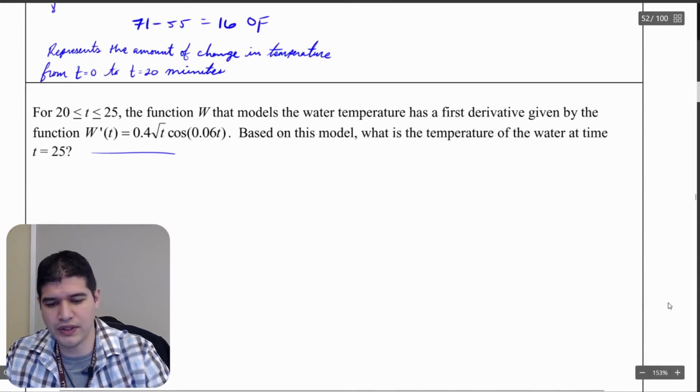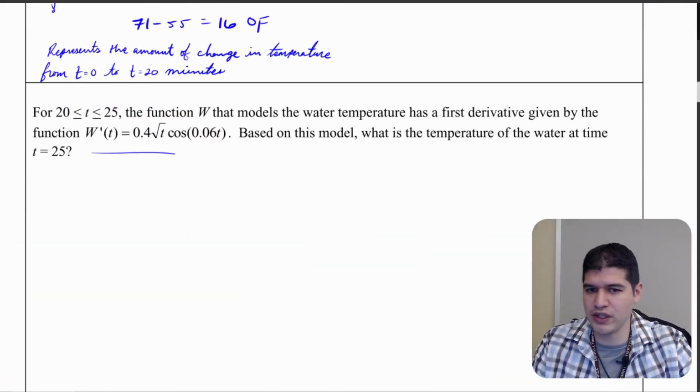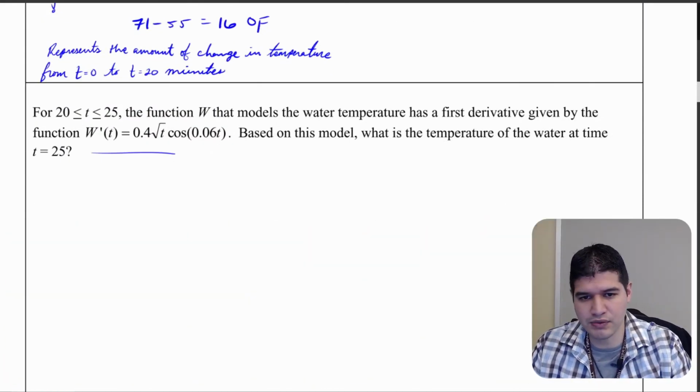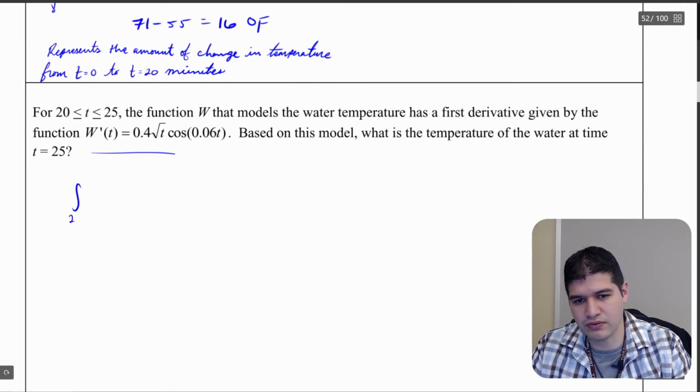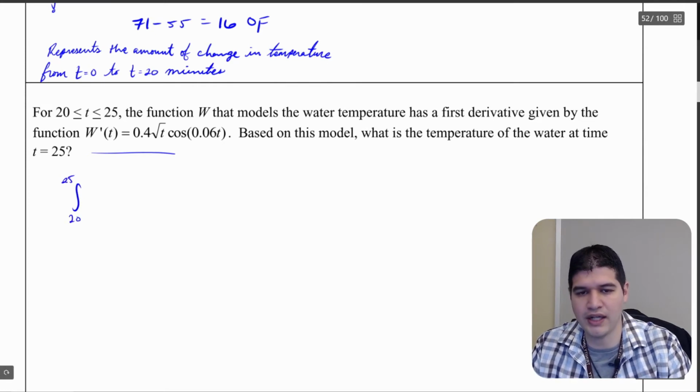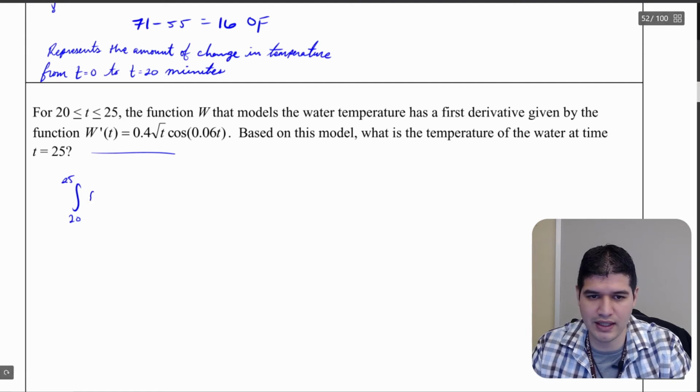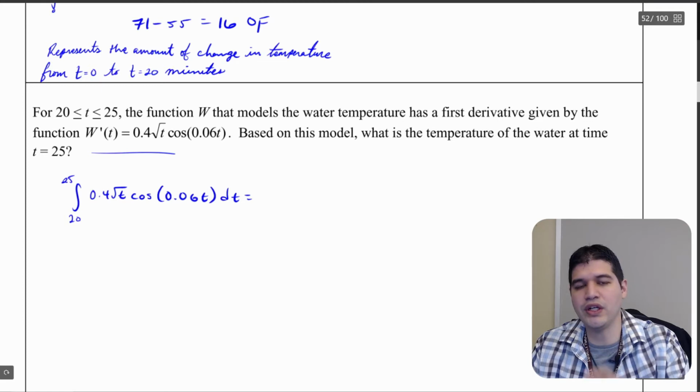So what I'm going to do here, as I've been doing in the last couple of videos, is write out my integral from 20 to 25. And I know W prime of t, so I'm going to write that in: 0.4 square root of t cosine of 0.06 t dt. And we know what this equals.